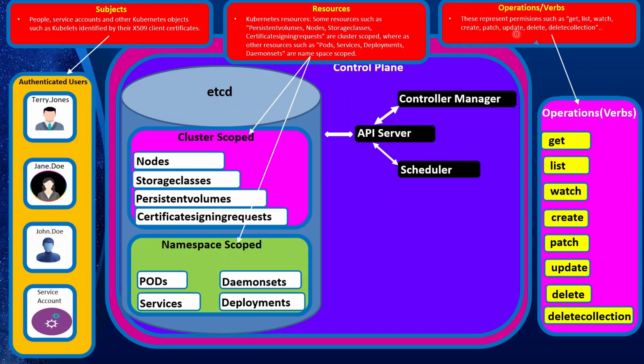These represent permissions such as get, list, watch, delete, and so on. So these are the verbs.